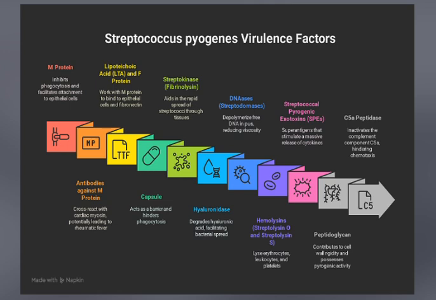Pyrogenic exotoxins trigger intense immune responses. The capsule shields from immune attack, while hyaluronidase breaks down tissue barriers. Hemolysins destroy blood cells, and peptidoglycan contributes to inflammation. These factors work together, making S. pyogenes a formidable pathogen.